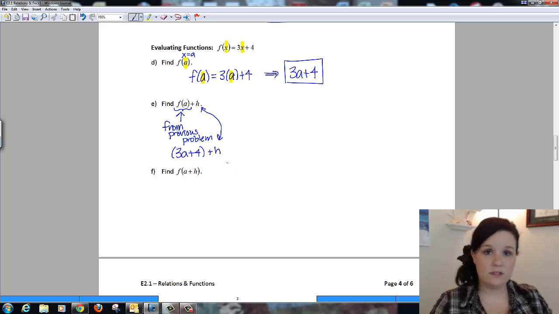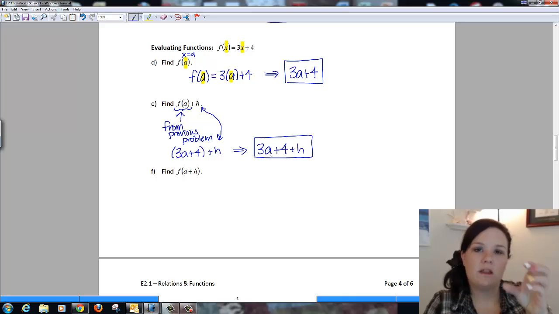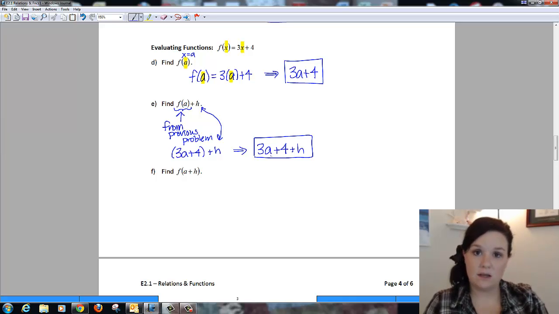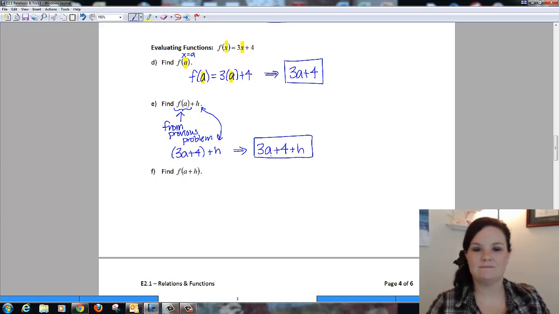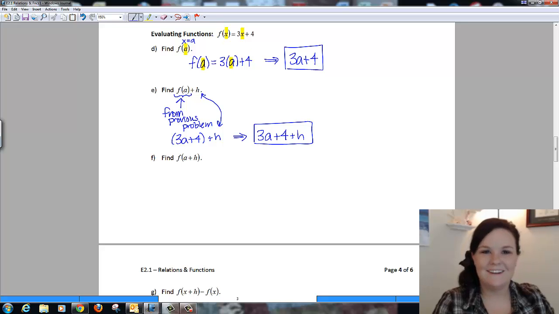So I can draw my parentheses because I'm just adding, which means that f of a plus h is the same as 3a plus 4 plus h. Okay, so that one was kind of nice because we already did one little piece of it. If we've already done one little piece of it, plug in what you know it to equal and then just do the other part.